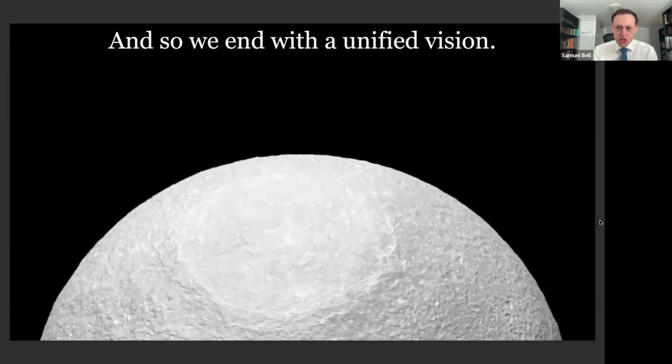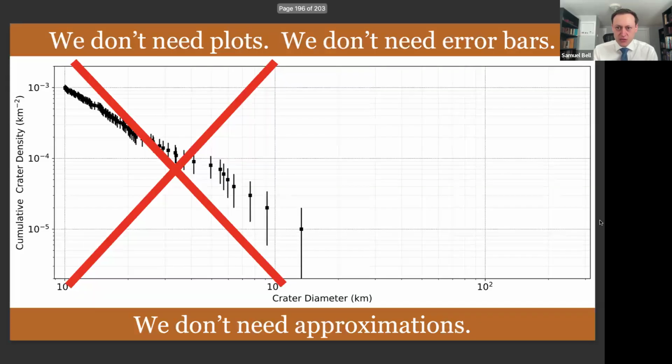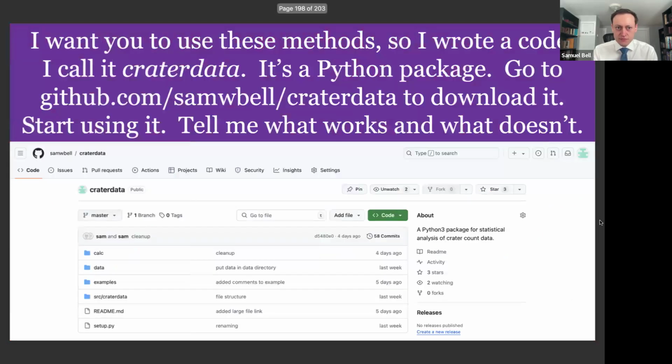And so we end with a unified vision. 4 ages, 4 slopes. For projecting across diameter space, we don't need plots. We don't need error bars. We don't need approximations. Pure math gives us the full Bayesian PDFs.